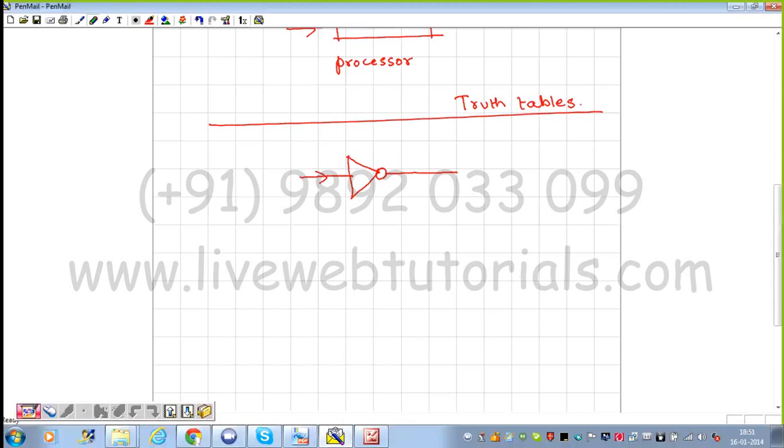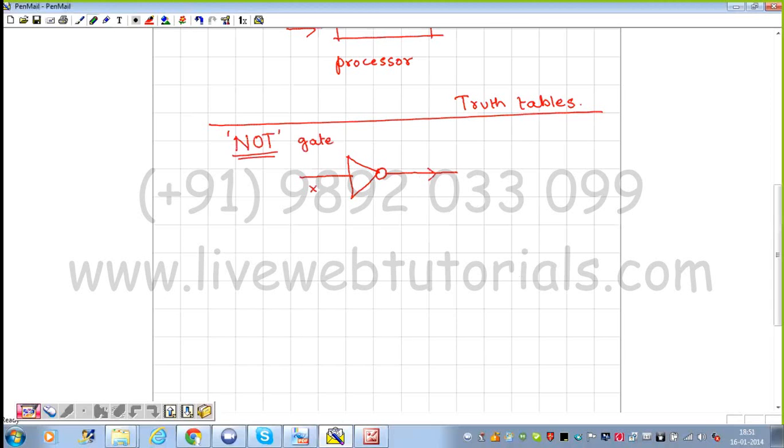Here, if the current is there, there will be no current. And the other way around, if the current is not there, then the current starts flowing. It means it just makes the signals reverse. This kind of gate is known as a NOT gate. It just reverses that digital signal.